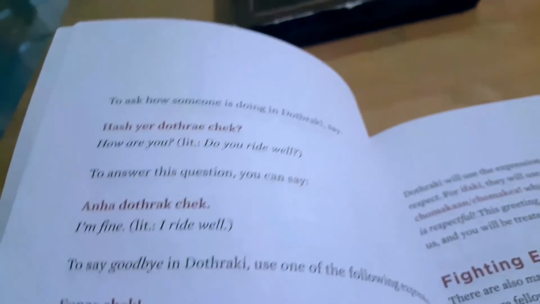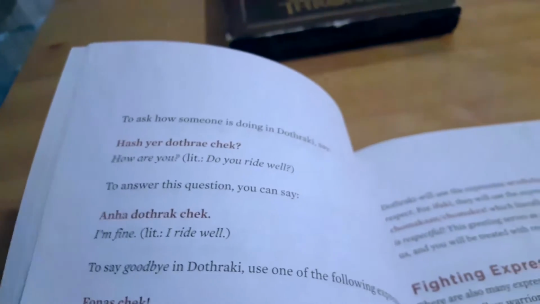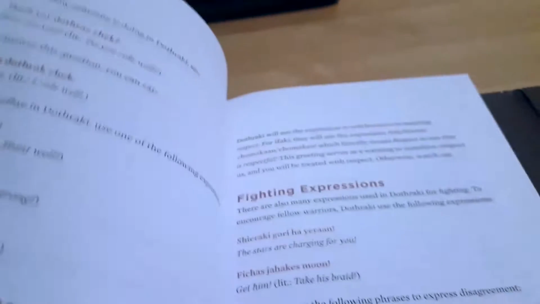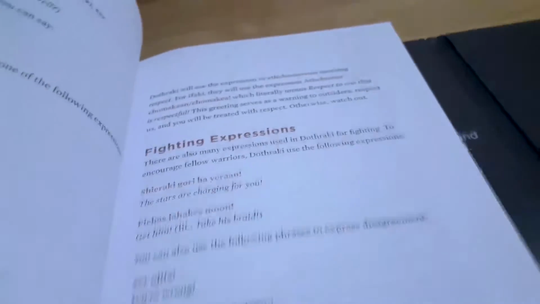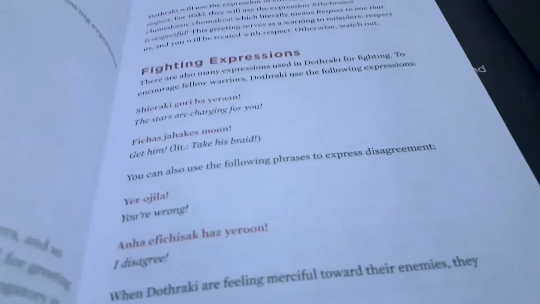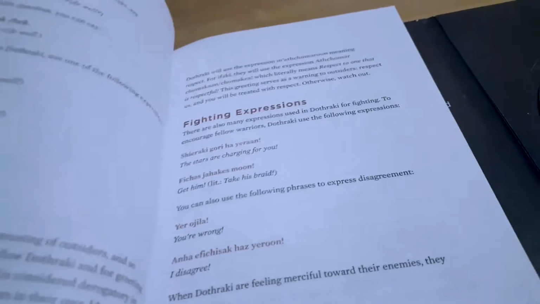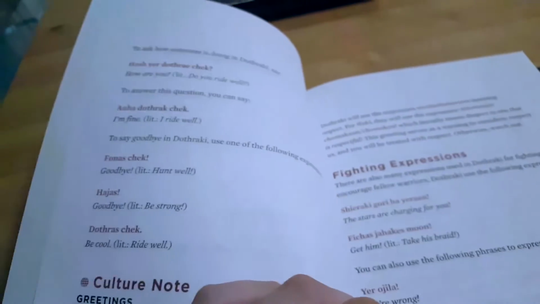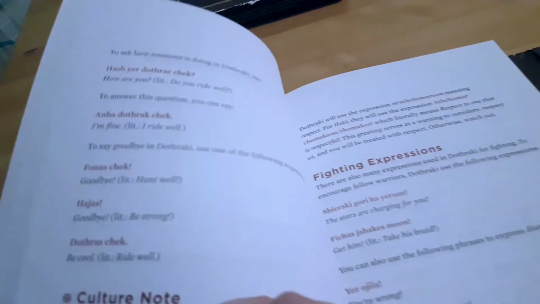But if you are literal about it, just like in regular languages, it means, do you ride well? Because Dothraki are all about their horses. So a lot of the terms will be about horses. So your well-being is about horses. So Fonashchik means goodbye, but it also means hunt well if you're translating it literally.